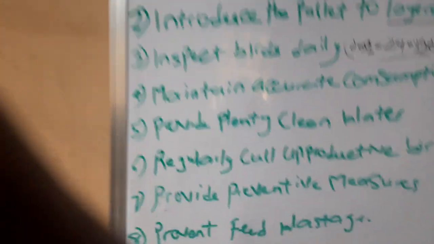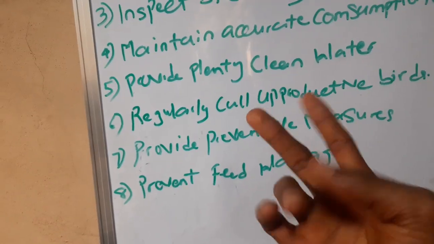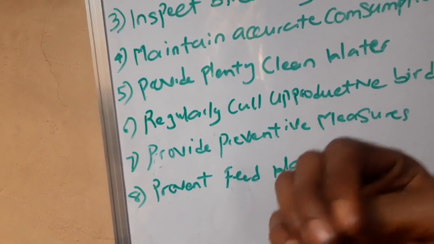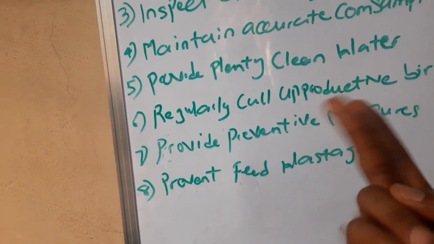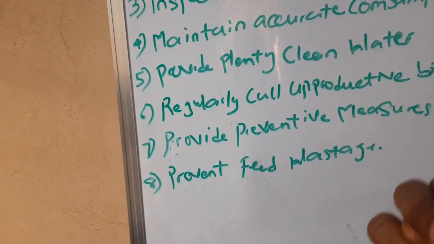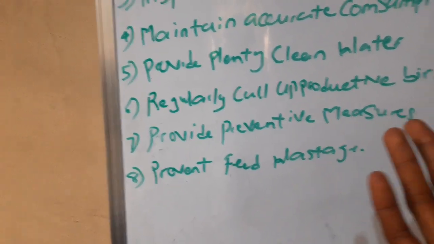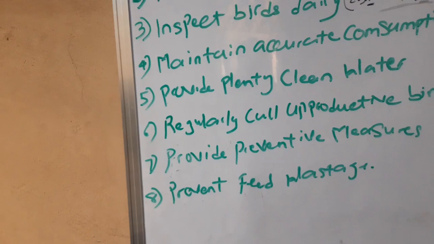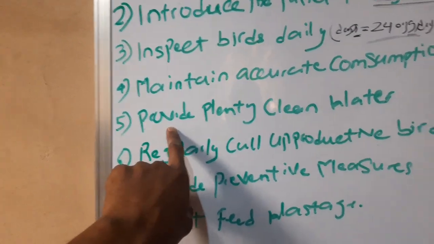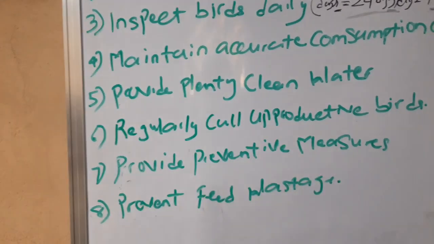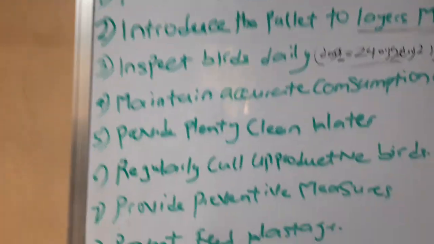Are you getting me? They won't eat well. Let's say you give them 20 grams of food, you can give them at least 15 liters of water, depending on the number of birds. So make sure you provide plenty of clean water for them in order to achieve better egg production.